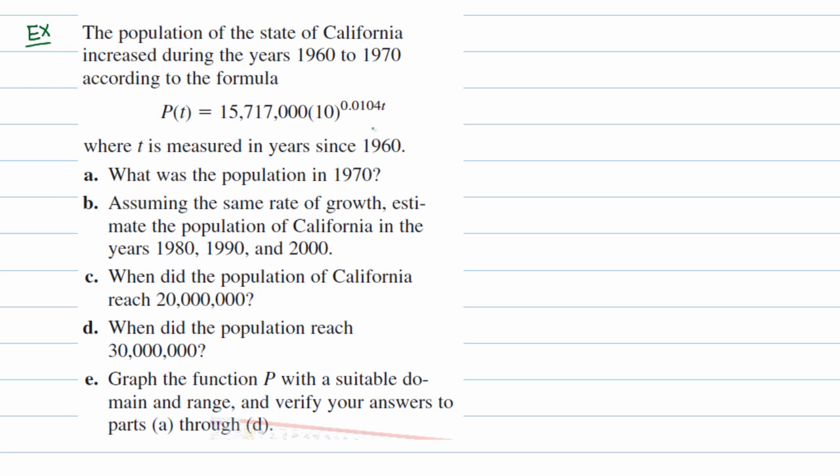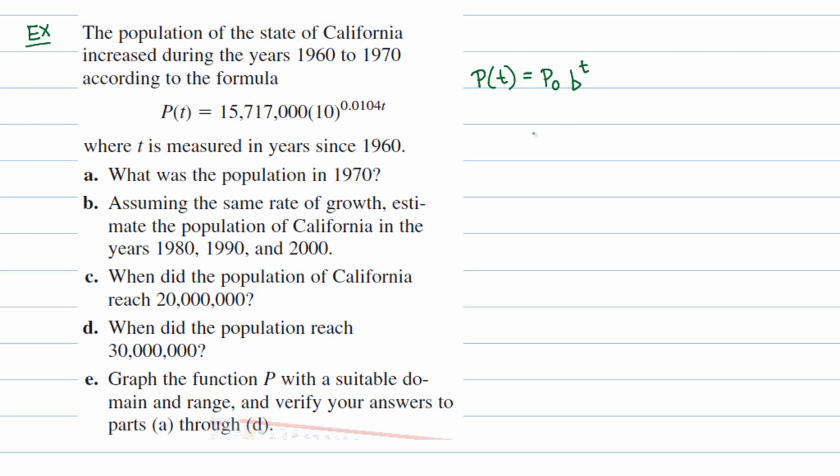P of t, population at time t, is equal to 15,717,000 times 10 to the 0.0104 t power, where t is the number of years since 1960. Now let's just recall, because we're going to have to, the standard form of an exponential function is P of t equals P naught b to the t.